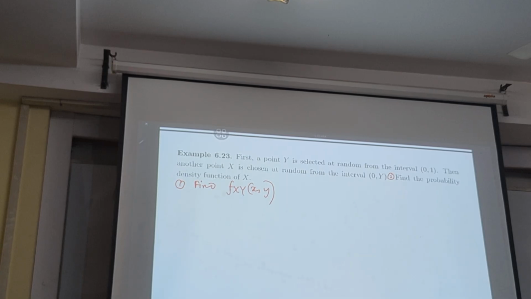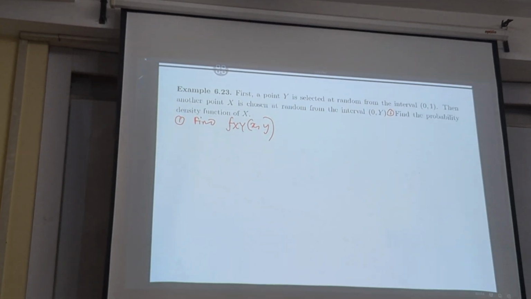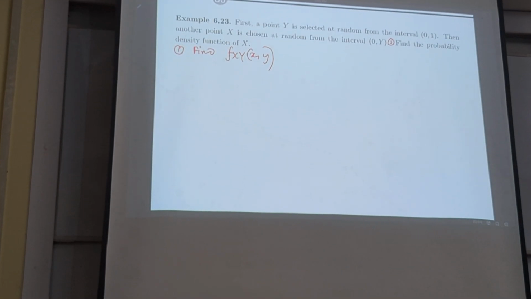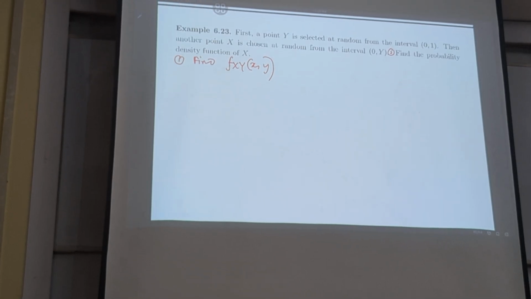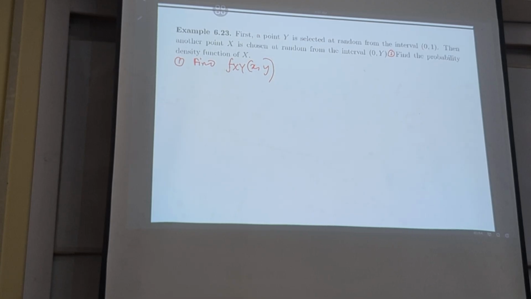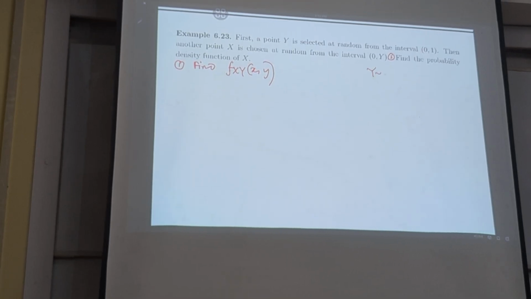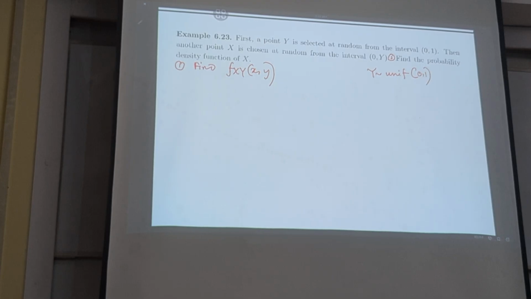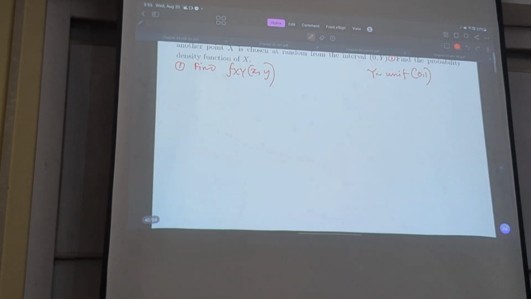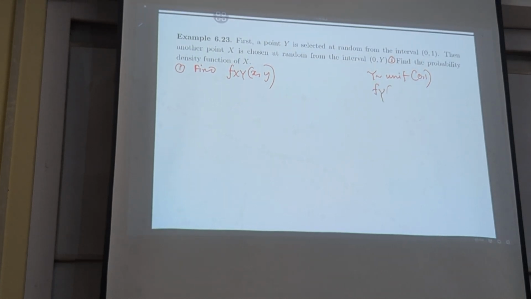Because y is uniform in between 0 to 1. What is the PDF of y? PDF of y equal to 1 for y in between 0 to 1.